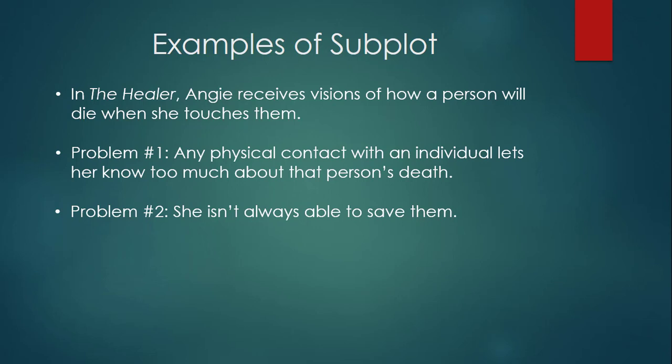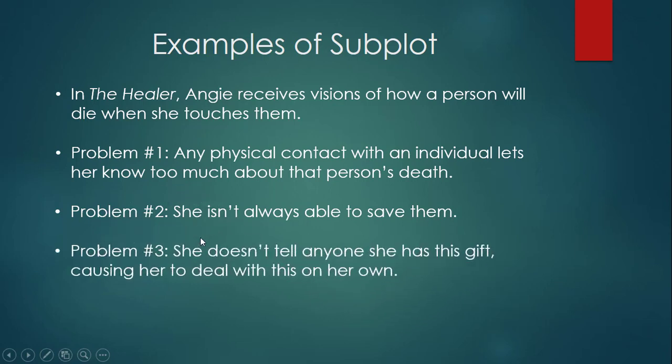So she is a very complicated, layered character because of what's going on in the background, because of this gift. Problem number three: she doesn't tell anyone. She deals with it on her own, which is another reason why she's very misunderstood, and why Hope is so good for her, because they both have gifts that they're not talking about.